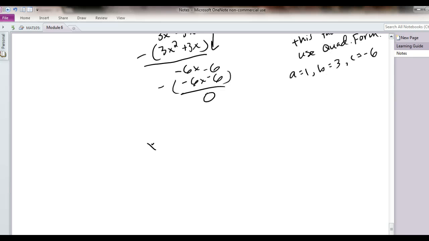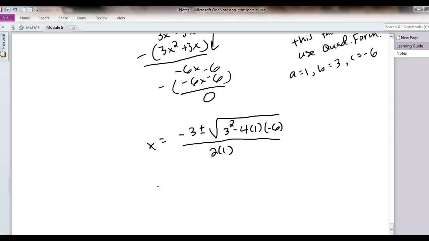So here we'll have x is equal to negative b plus or minus the square root of 3 squared minus 4 times 1 times minus 6, all over 2 times 1. So this will be equal to negative 3 plus or minus the square root of 9 plus 24 over 2.